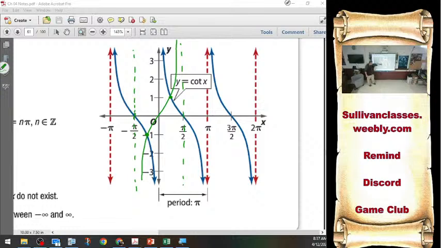Big numbers become small numbers. 1/5 becomes 5. 5 becomes 1/5. 1/9 becomes 9. So that's why it takes the entire graph and reflects it. Because you're taking all of those big numbers and making them small, and small numbers are big, and zeros are undefined, and undefined is zeros.